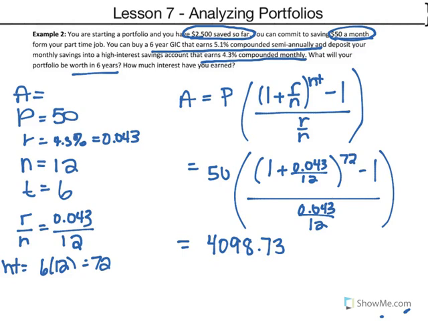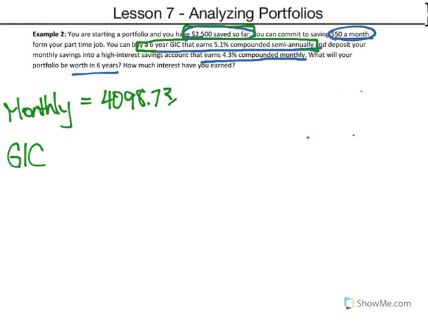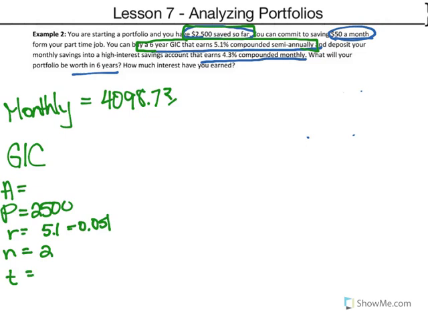We also need to figure out our GIC that we are going to buy for $2,500. So for our GIC, our P value is 2,500. Our R is 5.1%, which is 0.051. Our N, it's compounded semi-annually, so it's 2. And our term is 6 years.